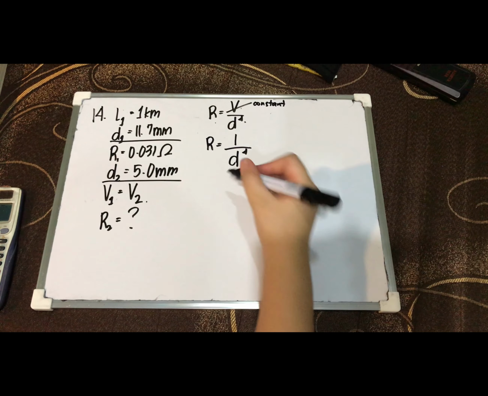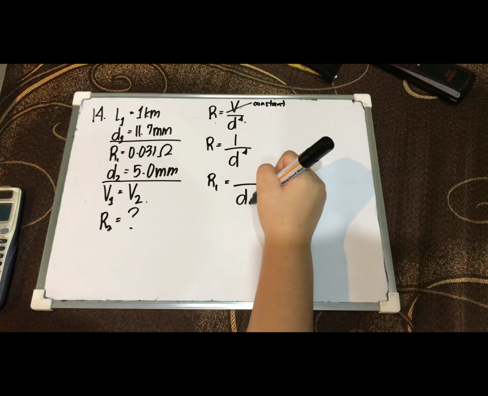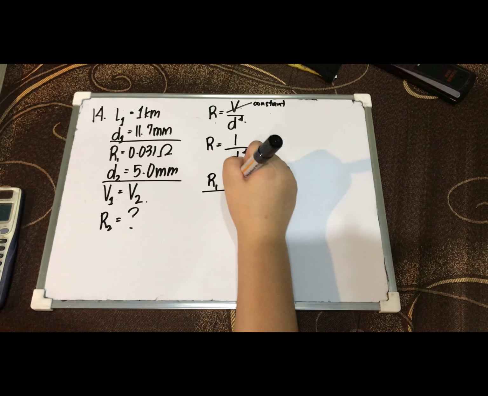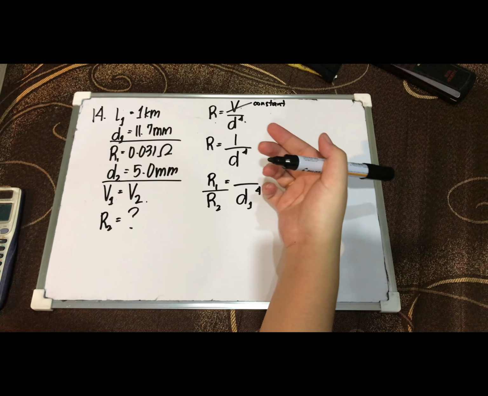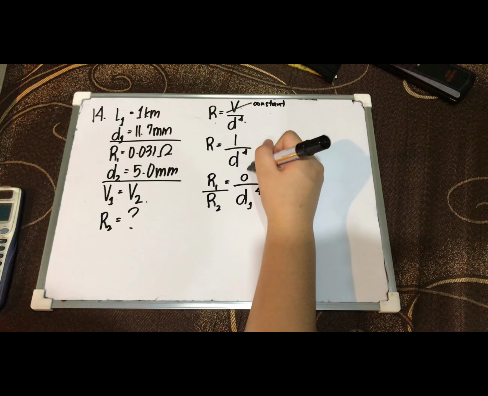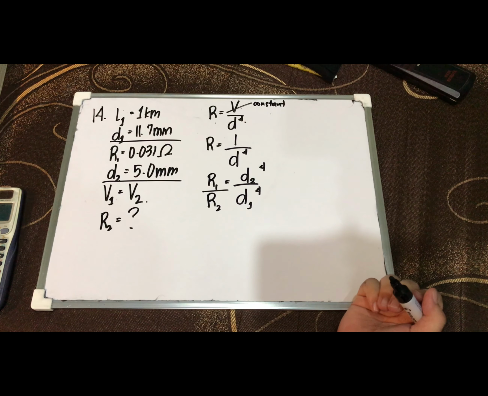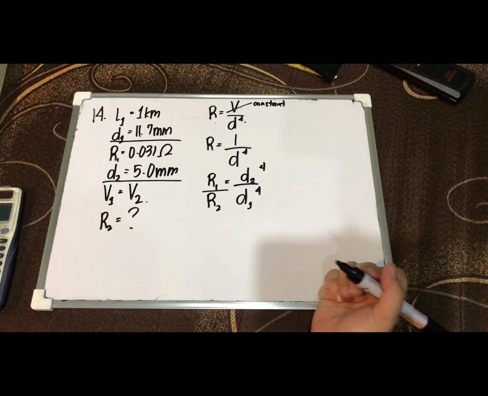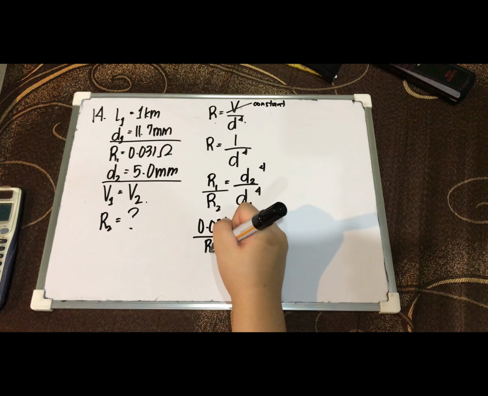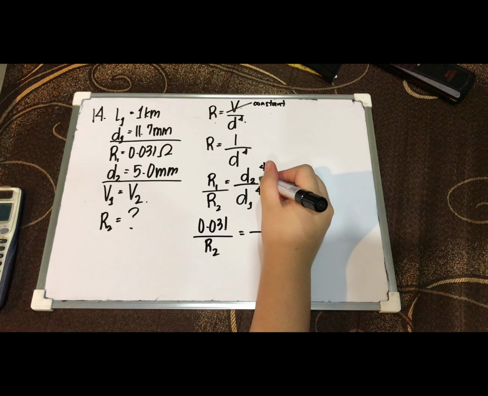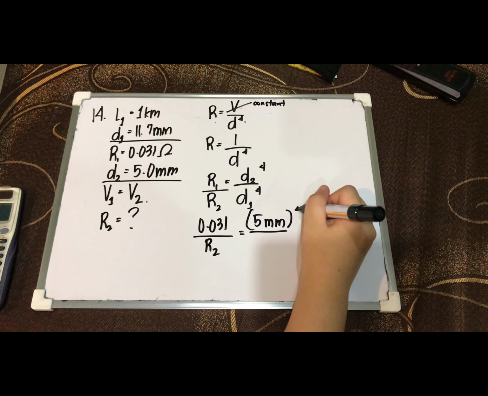So, magiging formula natin dyan, R1 is equals to D1 raised to 4. And yung R2 natin, magiging sa reciprocal naman ng 1 over D2 raised to 4. So, napupunta lang siya dito. Substitute natin dito yung mga given. Yung R1 natin ay 0.031. Ang R2 ang hinahanap. Ang D2 natin ay 5 mm raised to the fourth.